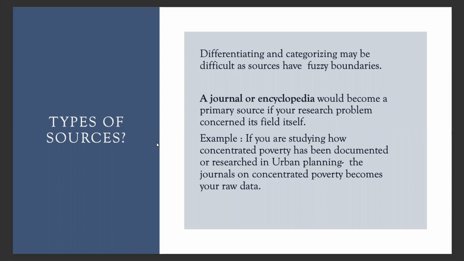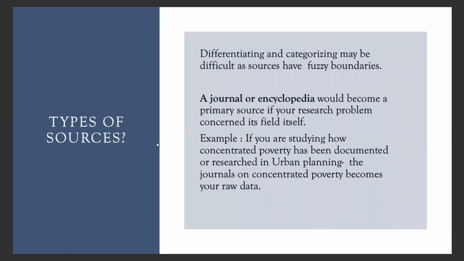For example, if you are studying how concentrated poverty has been documented or researched in urban planning, the journals on concentrated poverty might become your raw data if you are doing just the literature review. So maybe you are publishing a literature review paper only.